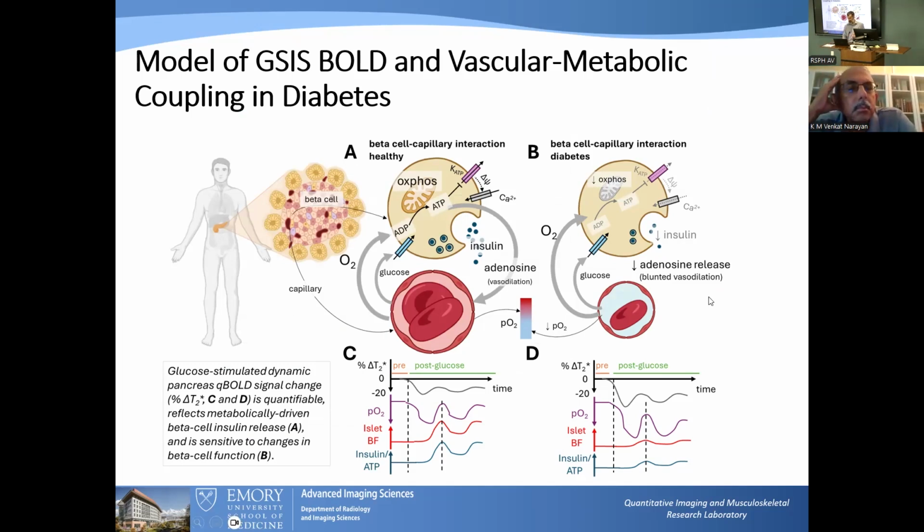But what that would also do is reduce not only insulin secretion, but adenosine release, and therefore your partial pressure of oxygen would remain lower. And you might expect, as I'm showing here in this black trace, a much lower T2 star signal in time compared with a healthy individual that has well-functioning beta cells.